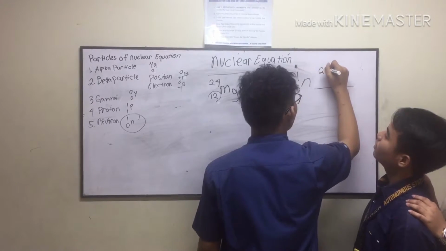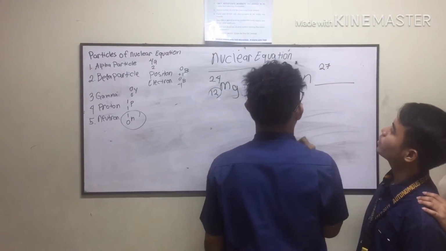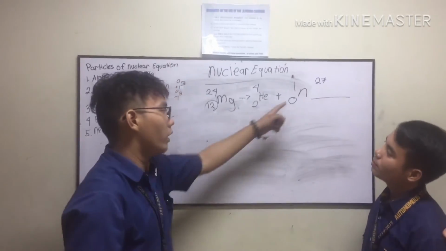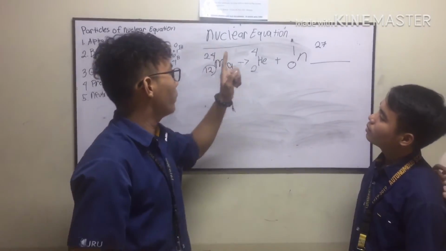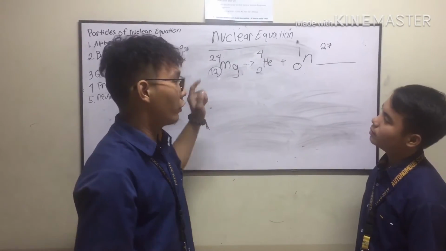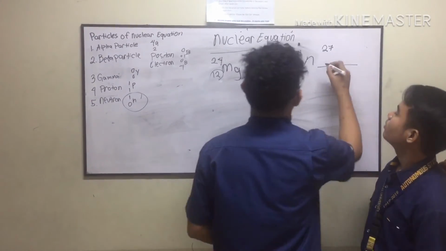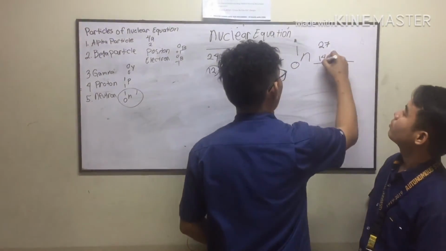Let's put 27 as the superscript. So how do we get the subscript? 12 plus 2 is 14. 14 minus 0 is also 14. So the subscript is 14.